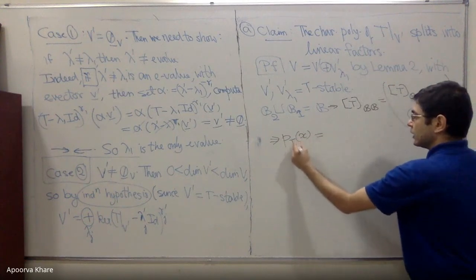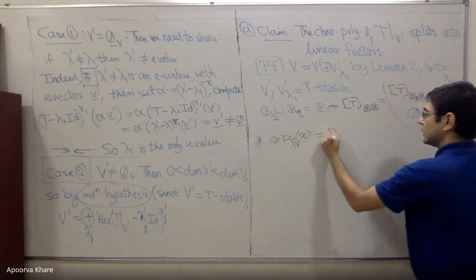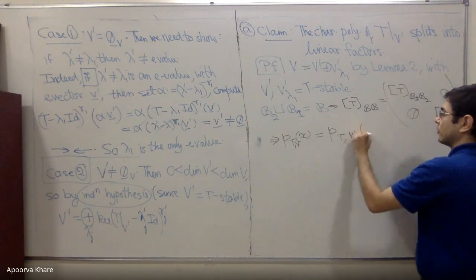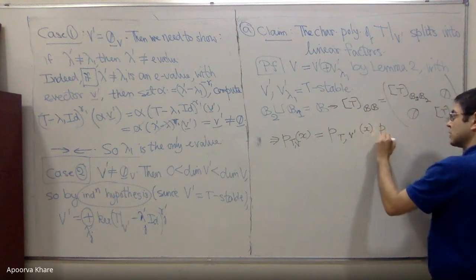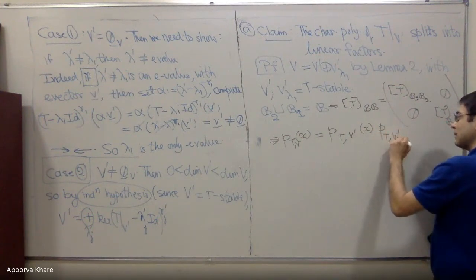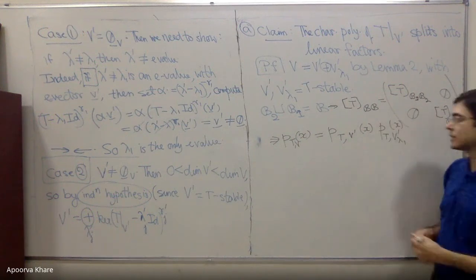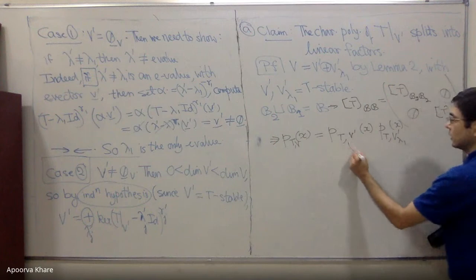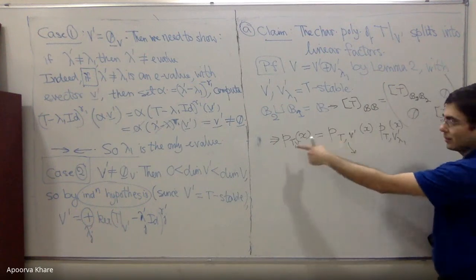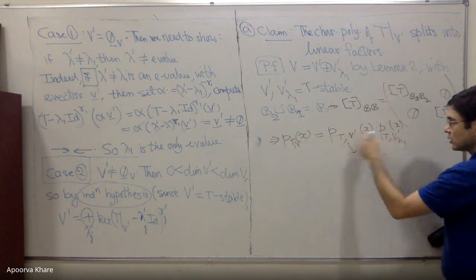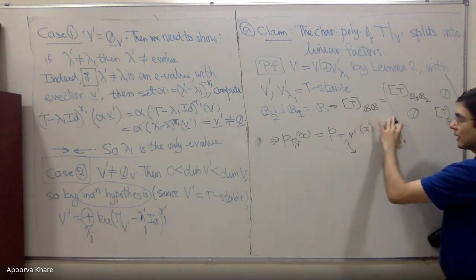So it is the characteristic polynomial of T with respect to V prime of X times the characteristic polynomial of T with respect to V prime lambda 1 of X. So in particular, you already see that this splits as a product of linear factors. This is a product of polynomials, and it is a product of linear factors. Therefore, some of those linear factors go here and the others go here.